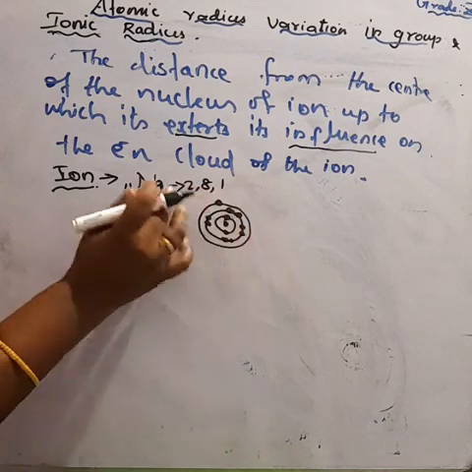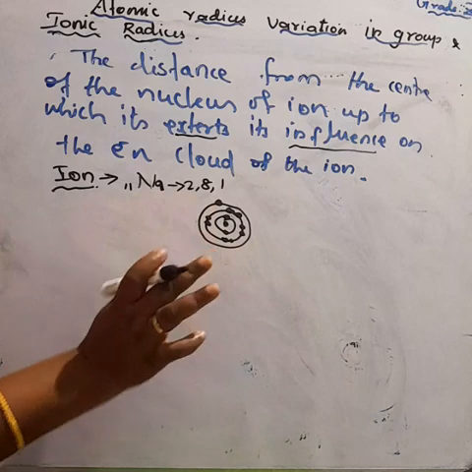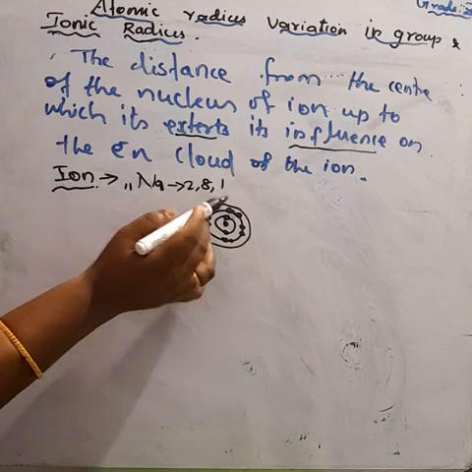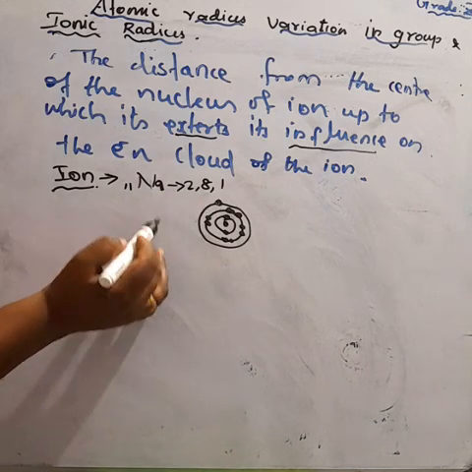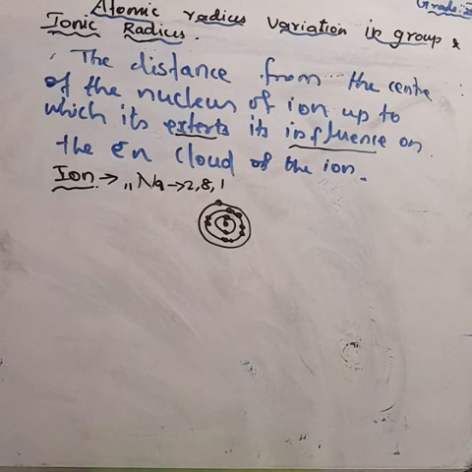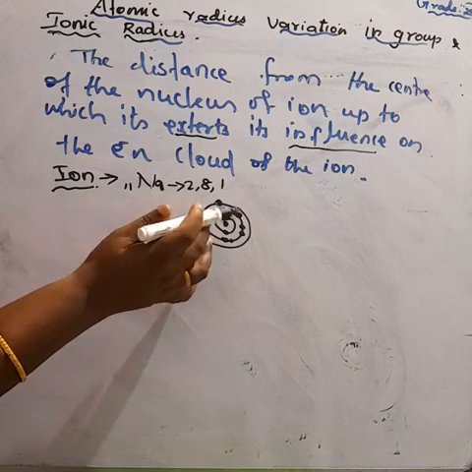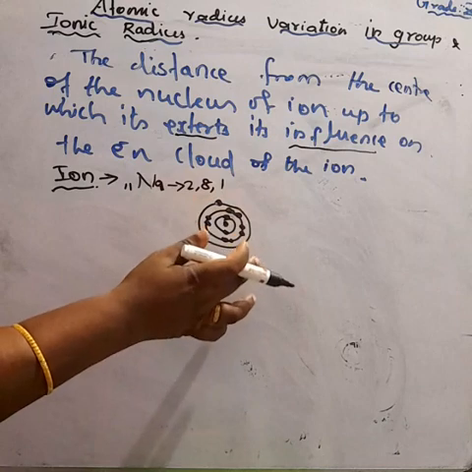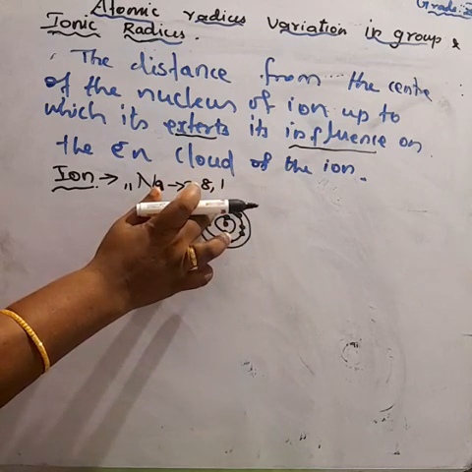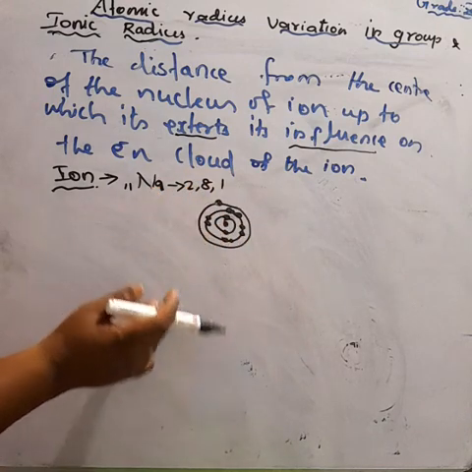So it does not exist in the free state because the outermost shell has only 1 electron. It always tries to remove this 1 electron to attain the stable octet configuration. When it loses the 1 electron, it becomes an ion. When the sodium atom loses 1 electron from its valence shell, it becomes the sodium ion, Na+.